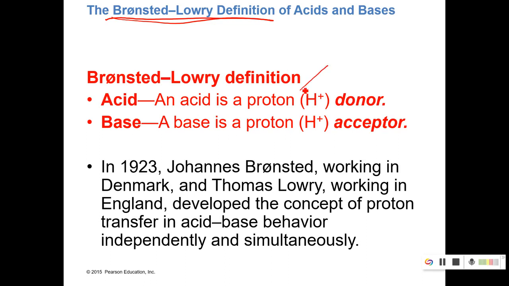The reason they call this a proton is that H plus means it lost an electron, so it has no electron because it gave it away. A hydrogen doesn't have any neutrons to start with, and then all that's left is a proton. And a Bronsted-Lowry base is a proton acceptor, so it's going to accept that hydrogen ion that the acid just gave away.